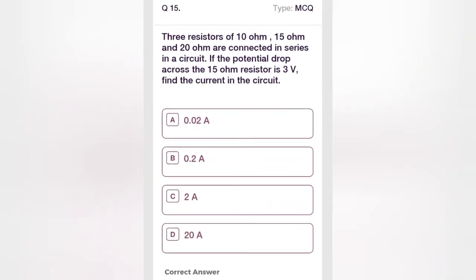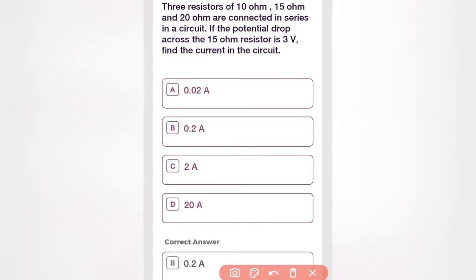Three resistors of 10 ohm, 15 ohm and 20 ohm are connected in series in a circuit. If the potential drop across the 15 ohm resistor is 3 volt, find the current in the circuit. Here 10 ohm, 15 ohm and 20 ohm are all connected in series to a cell or battery of 3 volt.